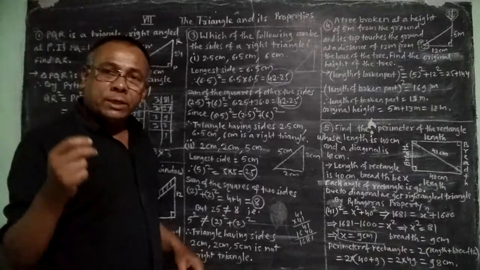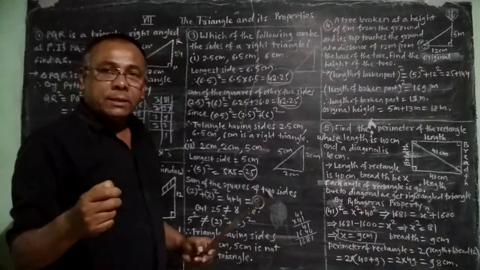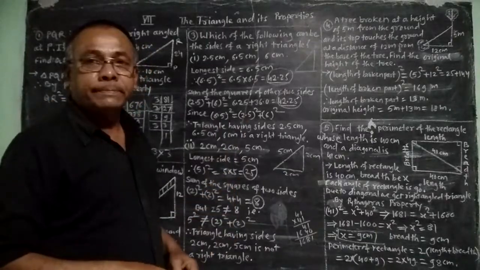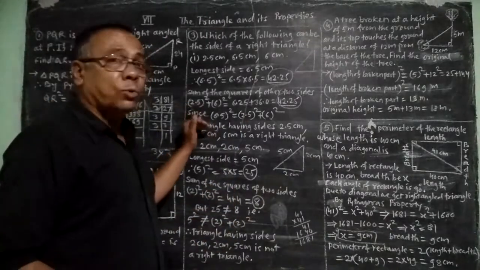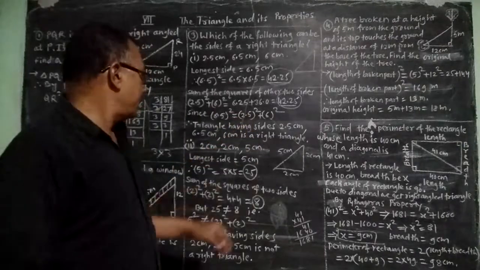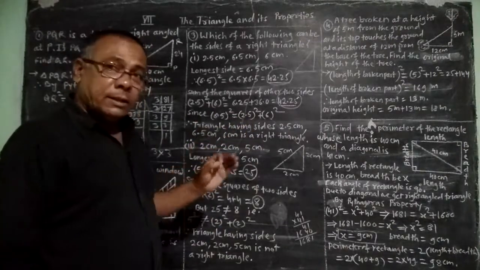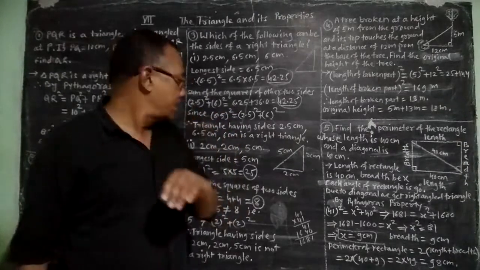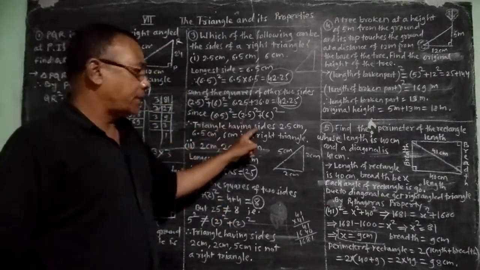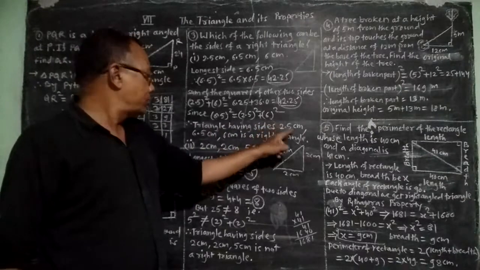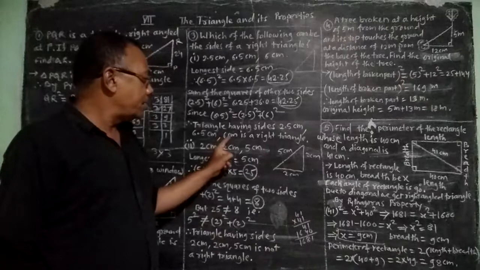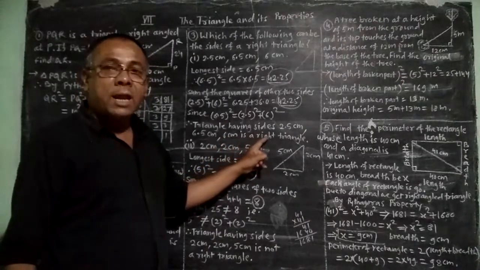Here we understood that the Pythagoras property is satisfied, and if the Pythagoras property is satisfied, then the given triangle must be a right angle triangle. So the triangle having sides 2.5 centimeter, 6.5 centimeter and 6 centimeter is a right angle triangle.